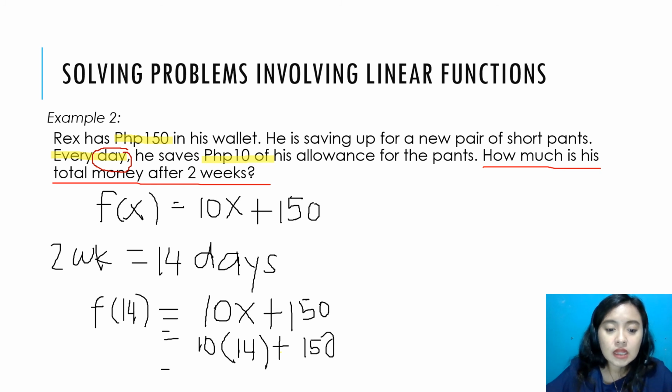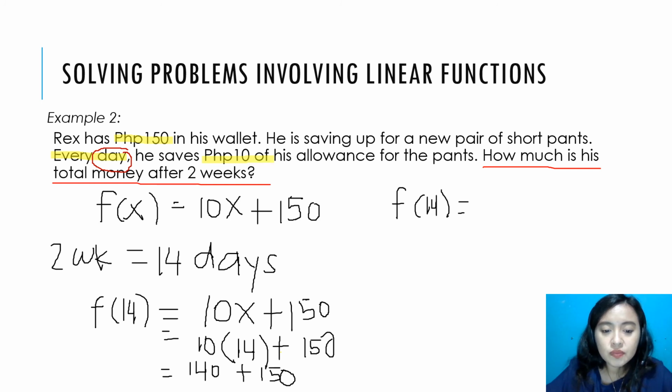Pila man ng 10 times 14? That is simply 140 plus 150. Okay. Atong isumpay dire. So, we can have f of 14 is equal to 140 plus 150. That is 290.